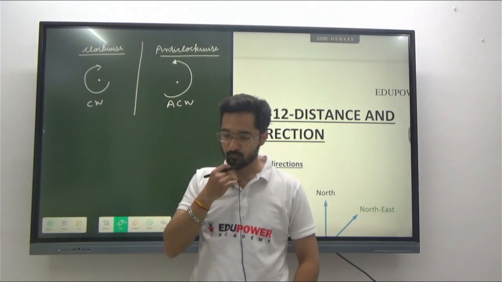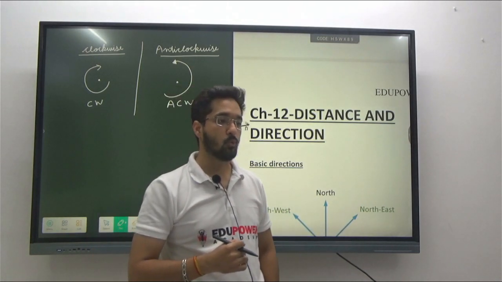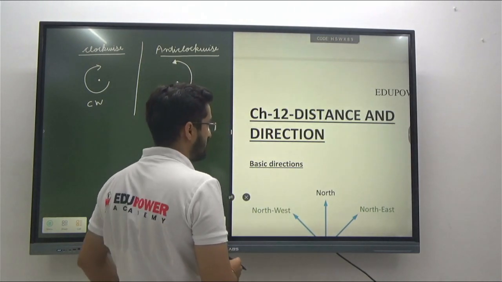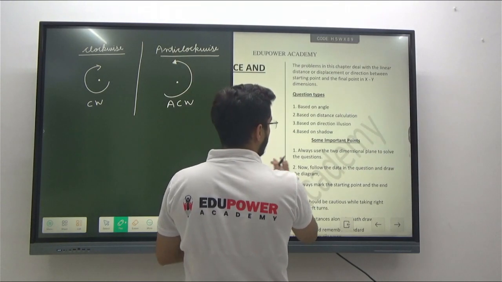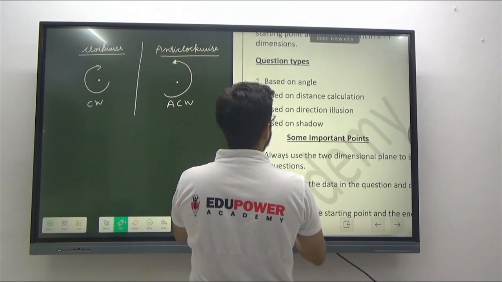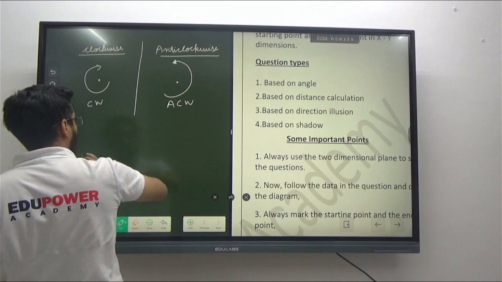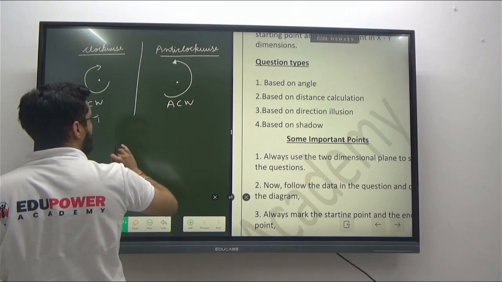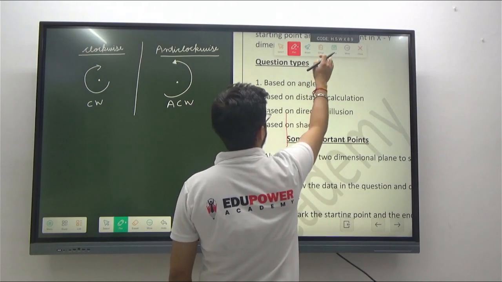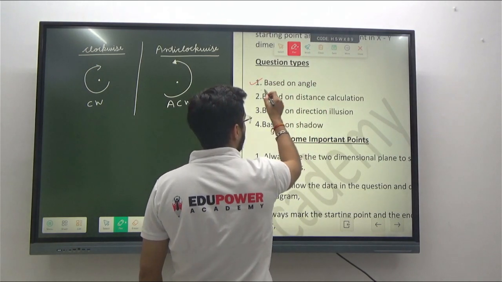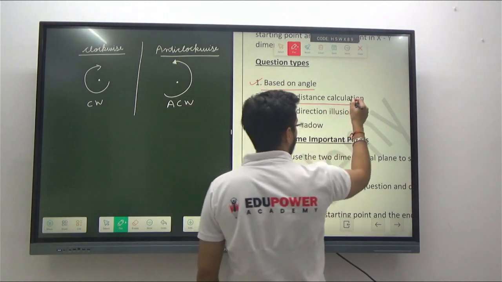Now we will discuss the various types of questions which are asked. Basically, in problems on distance and direction, 4 kinds of questions are asked. Type 1 is based on angle. Type 2 is based on distance calculation, and these are the most frequently asked.